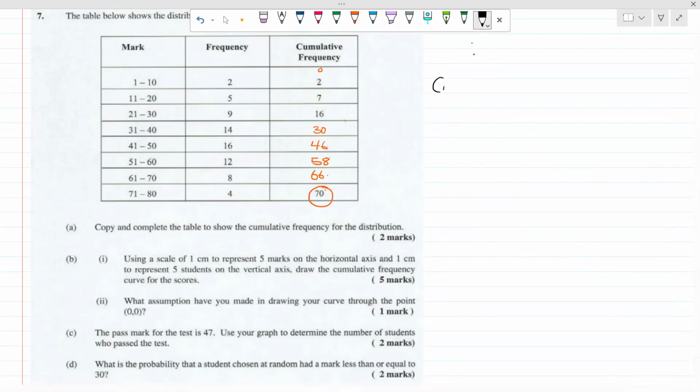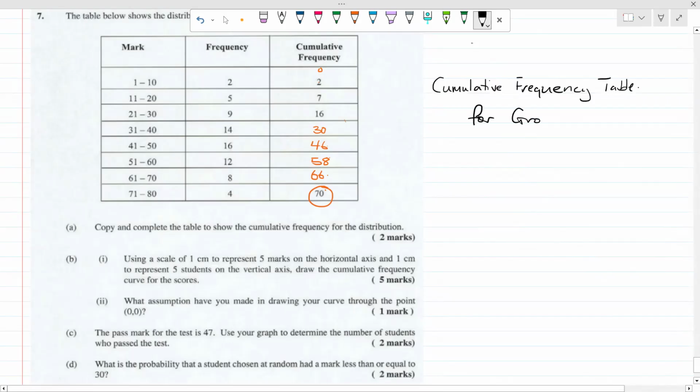This is what we call a cumulative frequency table. And the type of data we have here is called group data. Anybody can tell me why it's called group data?